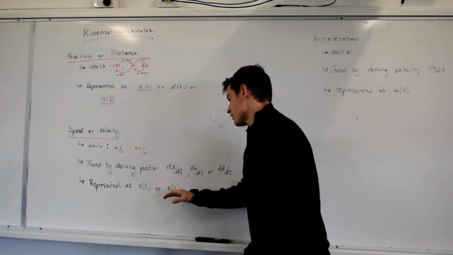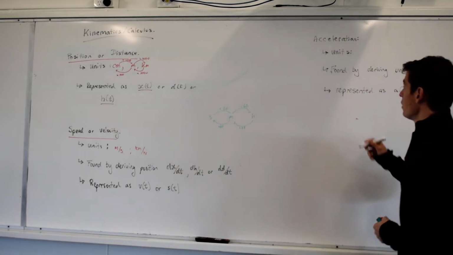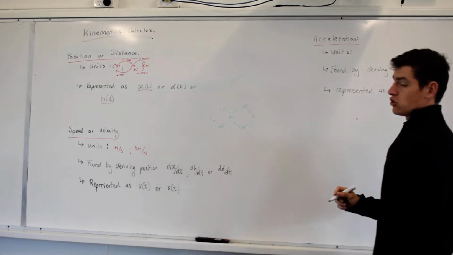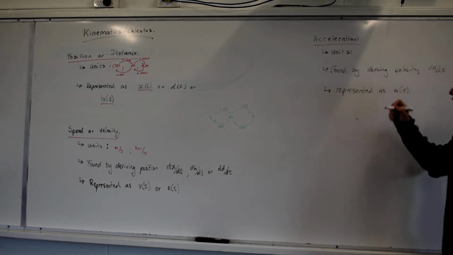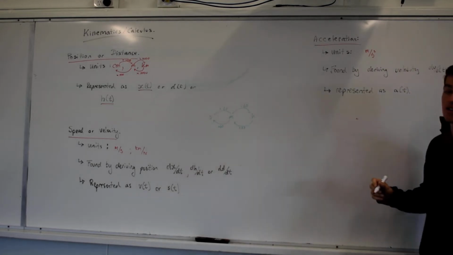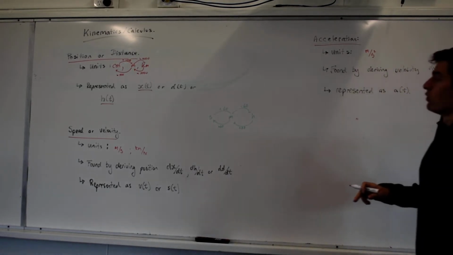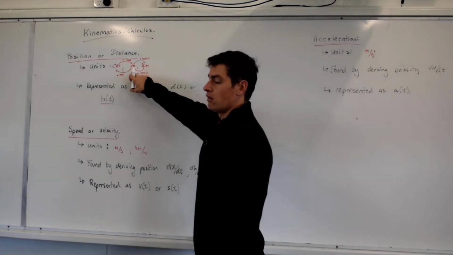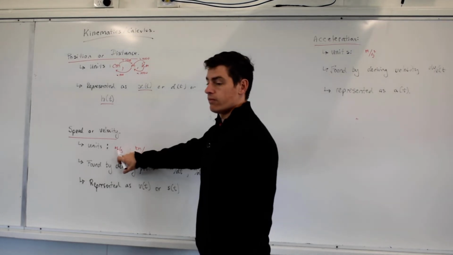Represented as v(t) or s'(t), we're happy with that. The last one, thankfully there's only one way we talk about this term, and it's acceleration. The units for acceleration, Xavier? Meters per second squared. And the units tell us a bit about this. Because what's our unit for length? Meters. What's this one?